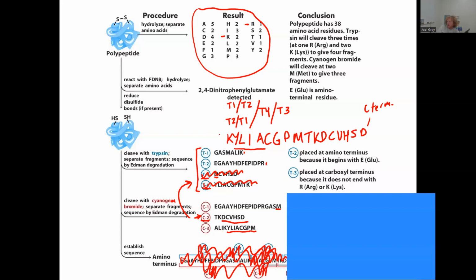It's K, I, L, A. Great. Now that I've got that, I can go back to my trypsin cleavage and say, is there a peptide that ends with ALIK? There is. And before that A is an M. And now I can conclude that, oh, booyah, there it is.